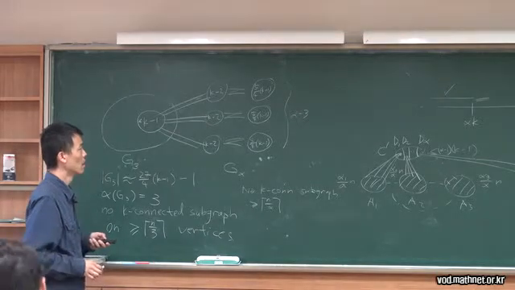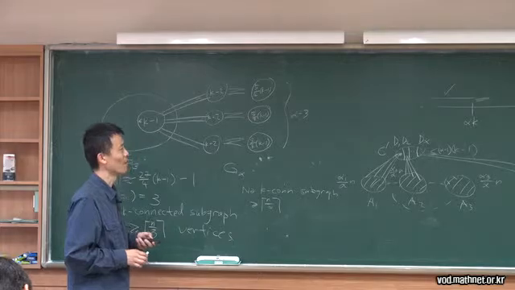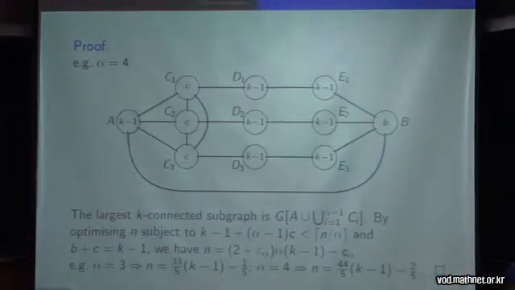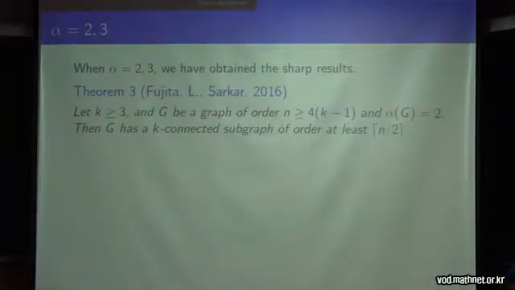So let me now go on and talk about alpha is 2 and alpha is 3, and in fact prove the sharp results. So here's alpha is 2. Here's the result. Now I assume k is at least 3.